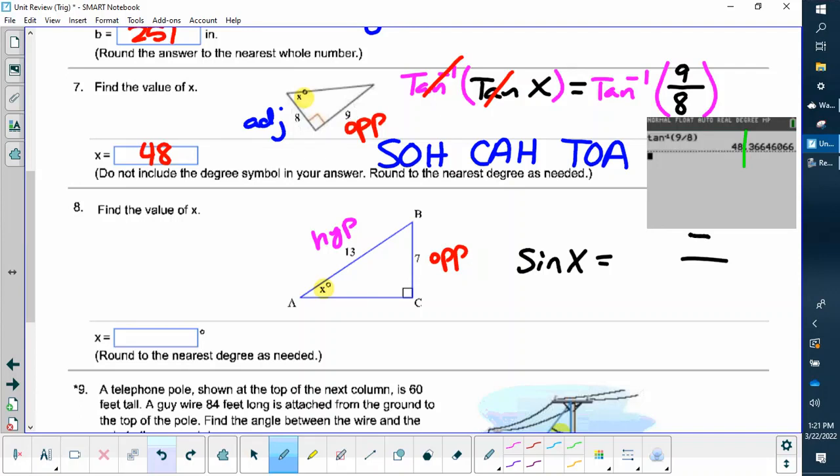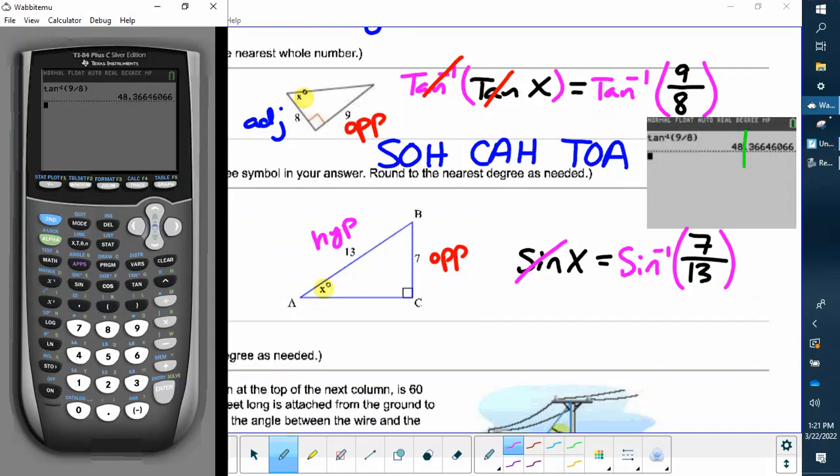Okay, opposite is 7, hypotenuse is 13. Now usually when I do this in my class, the first couple times I'll show up there how it cancels, but then I'll start going like this. Hey, if I take the inverse on the left side, it goes away. But that means I have to do it on the right side. Okay, now it's a calculator problem. Clear this out. Second sine of 7/13. Enter.